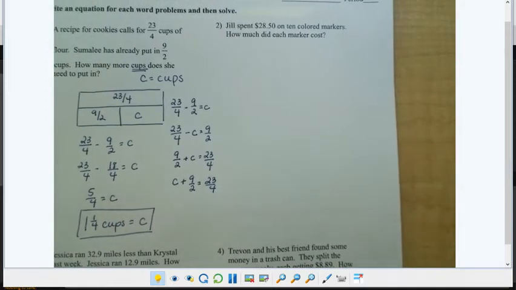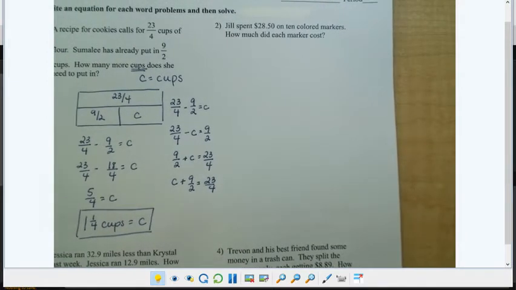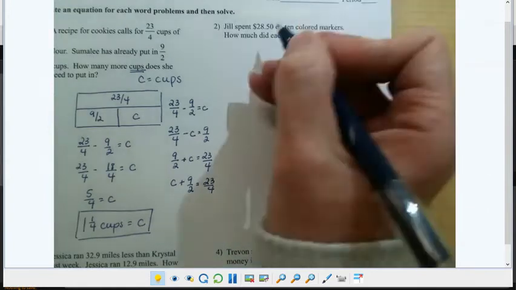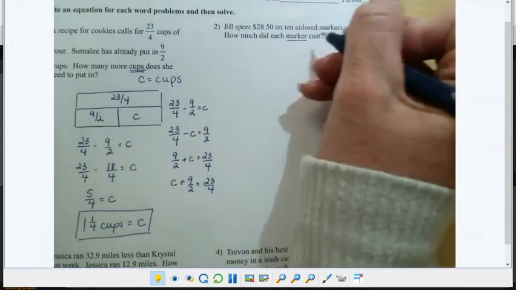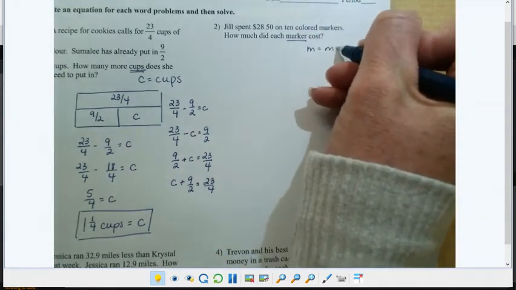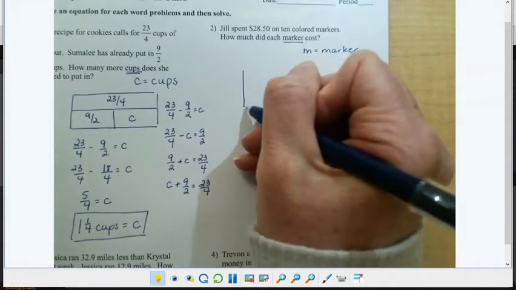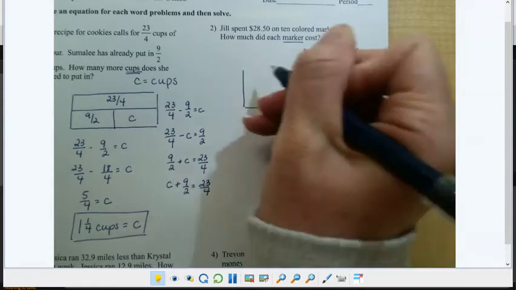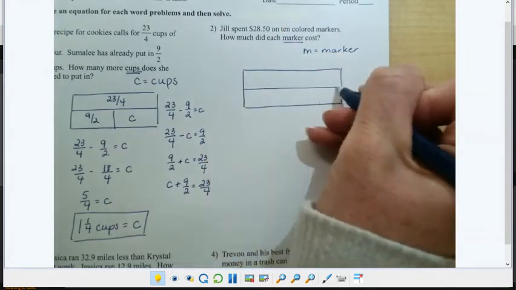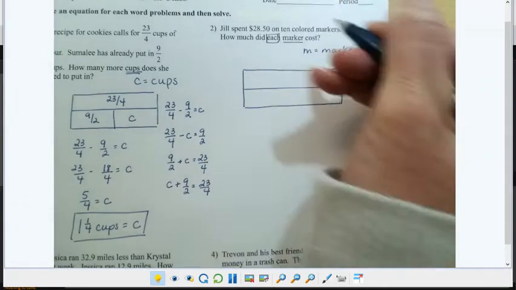All right, you try number 2. Pause the video and then come back and we'll solve it together. All right, so how much did each marker cost would be my variable. And I have that keyword each in there too.